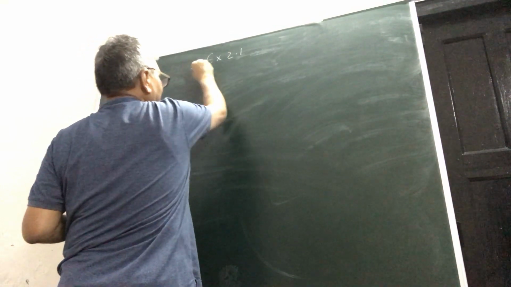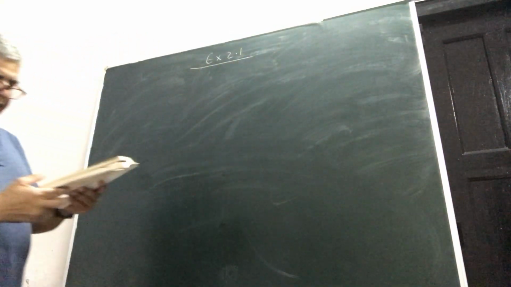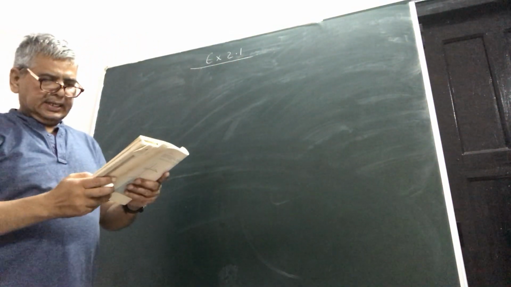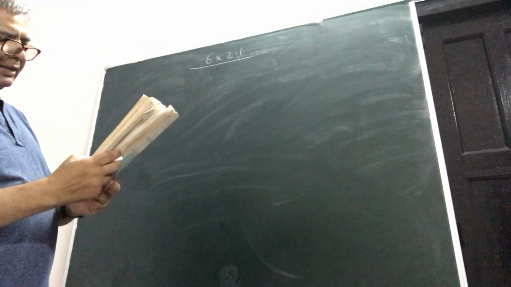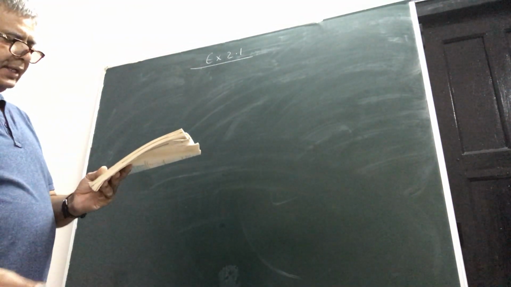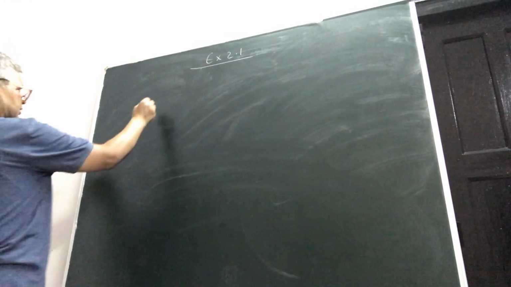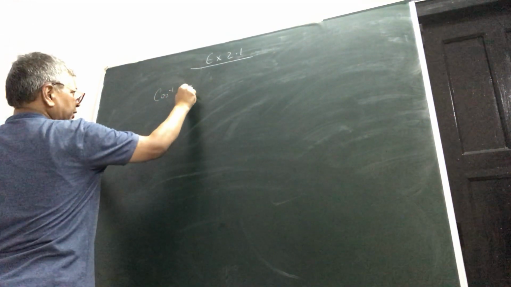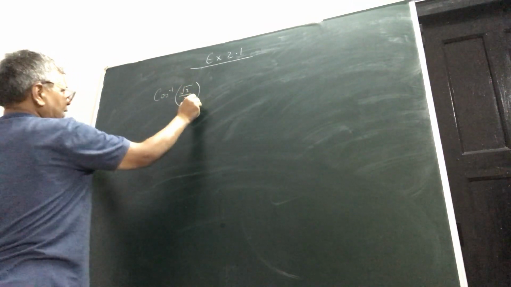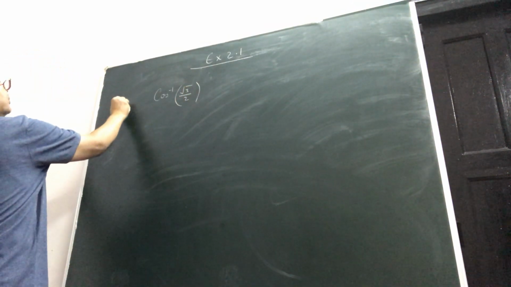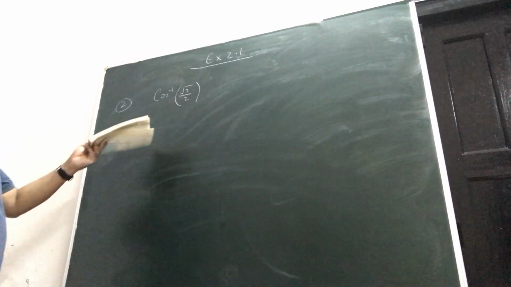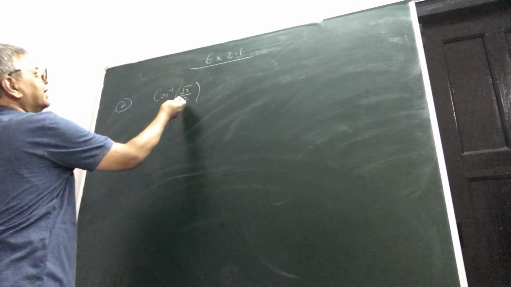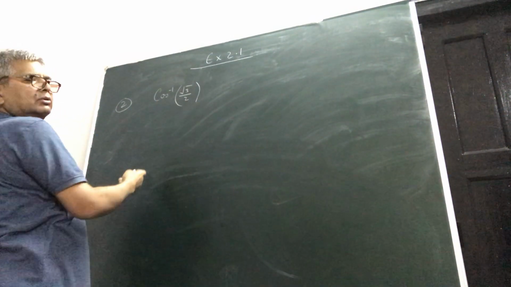See, I said if you are very good in theory, then you hardly need to do anything. Find the principal value of the following. Now suppose it is cos inverse root 3 by 2. You have to find this, question 2. So very simple. What is root 3 by 2?